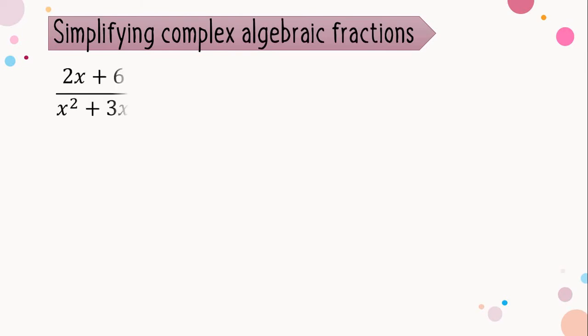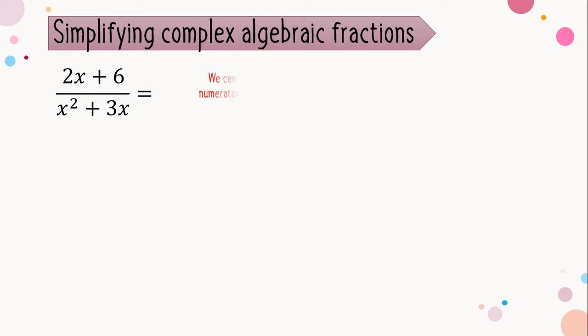For the next part, this is the example: 2x plus 6 over x squared plus 3x. In this part we will simplify. But can we just directly cancel 6 and 3, and then x with x? No, we cannot directly cancel the fraction because this one is expressed as addition, not multiplication.